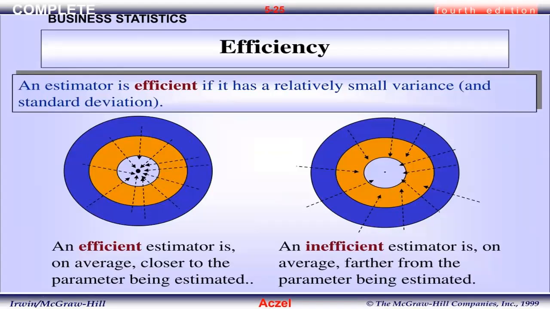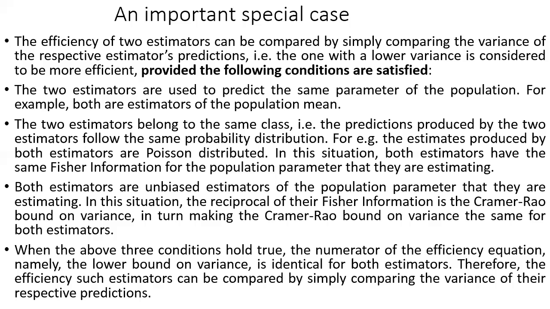An efficient estimator is on average closer to the parameter being estimated, and an inefficient estimator is on average further, meaning far away from the parameter being estimated. So important and special cases of consistency and efficiency are given below. It will help you to understand the concept behind efficiency very well.